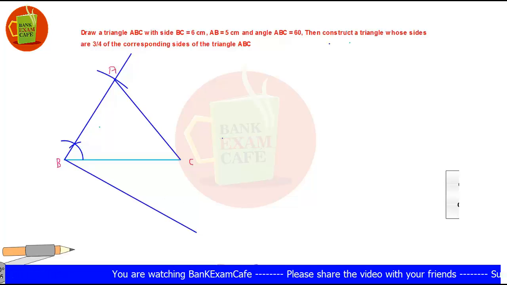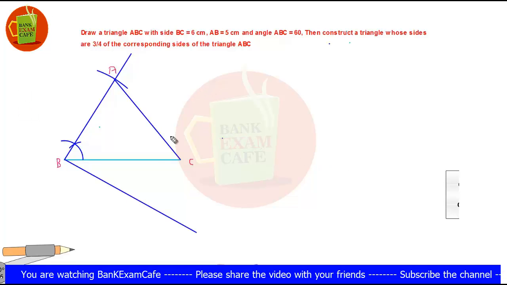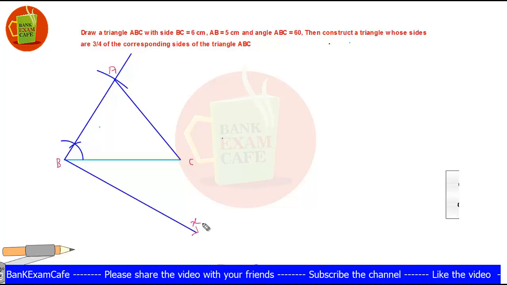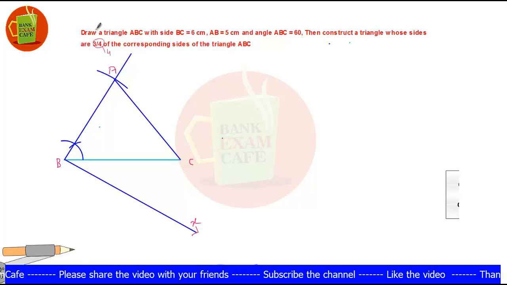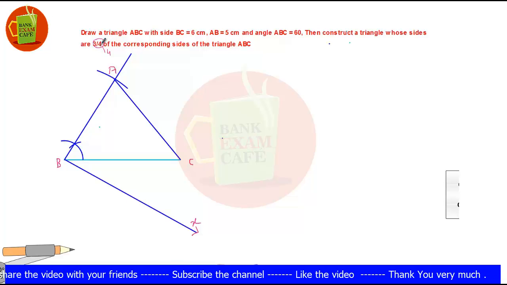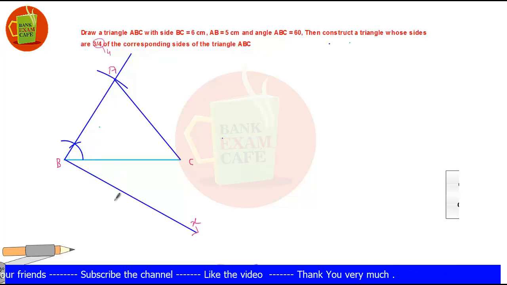So this point will be X, and now since of 3 and 4, 4 is the greater number, so from B draw 4 arcs at equal distances.